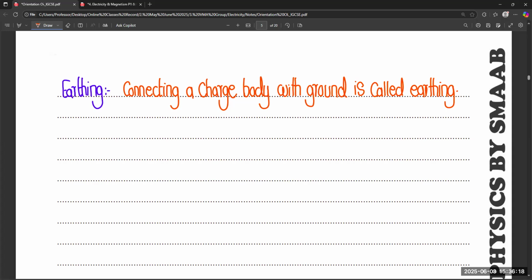To ground those charges, we connect one wire to the body of the system and the other wire to the wall, the ground or any other metallic object, so that all the charges transfer from one body to another. That is the process of earthing.